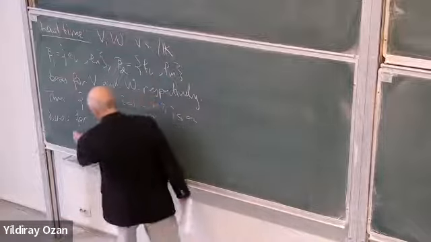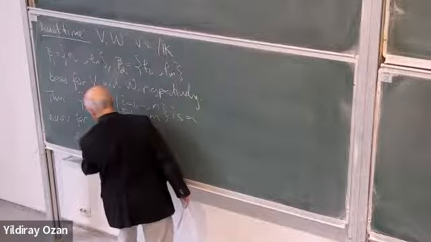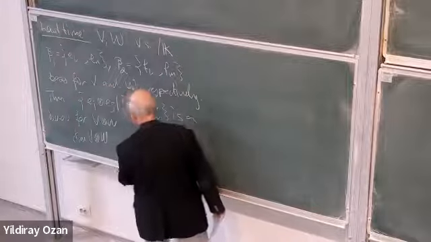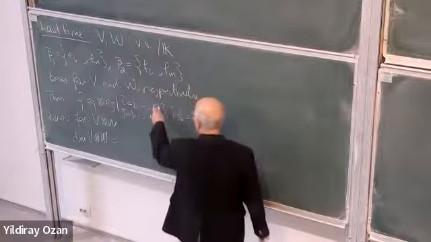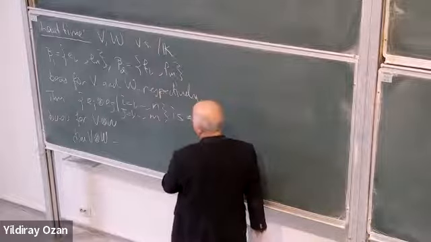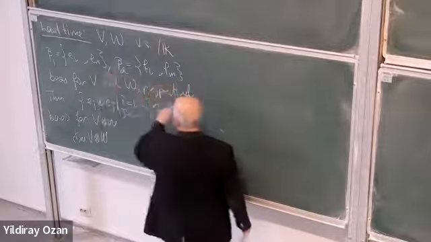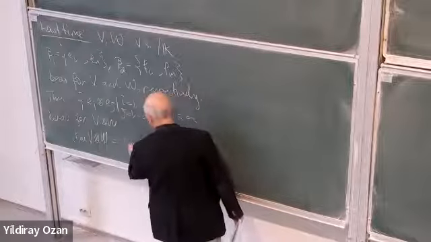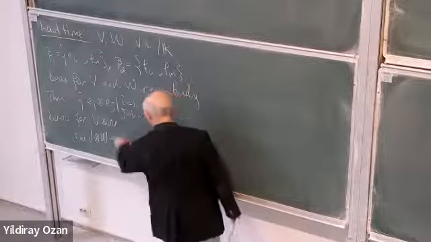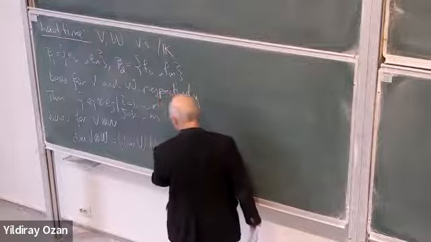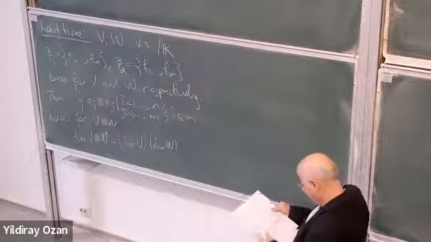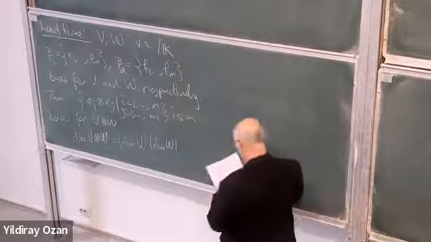In particular, the dimension of V tensor W is, since this has n times m elements, the product of the number of elements in these two bases, therefore the product of dim V and dim W. Okay, so that's what we proved last time.